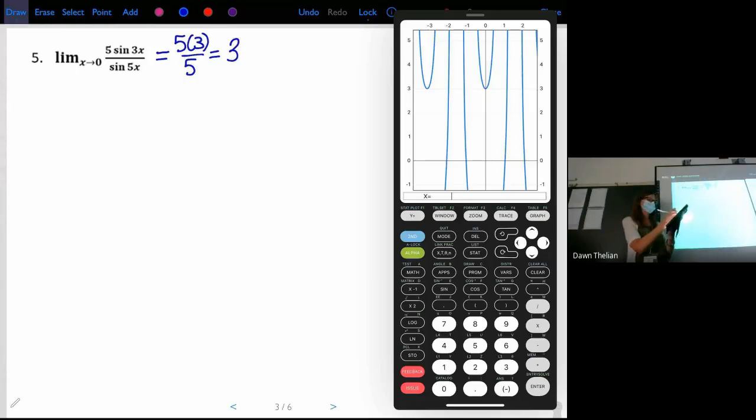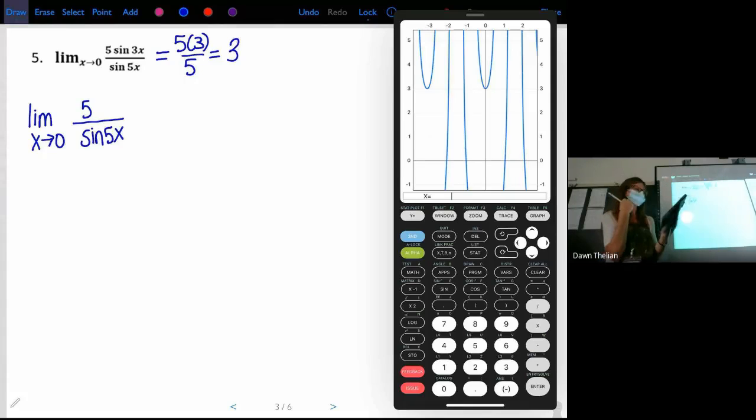So if I were to split this apart, limit as x goes to 0, I like the 5 and the sine 5x in the bottom because that's almost a blob but upside down, right?